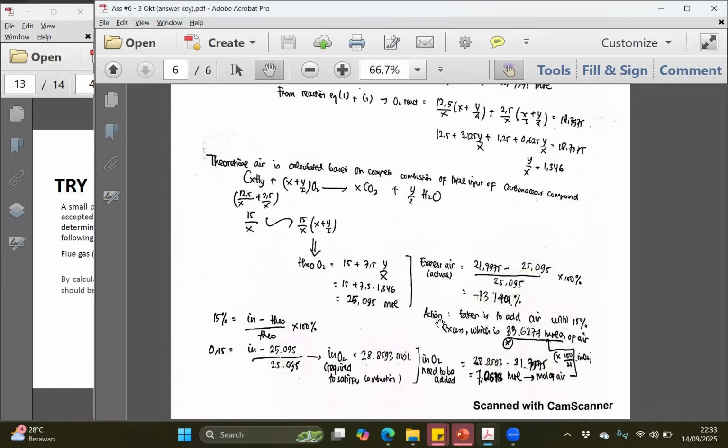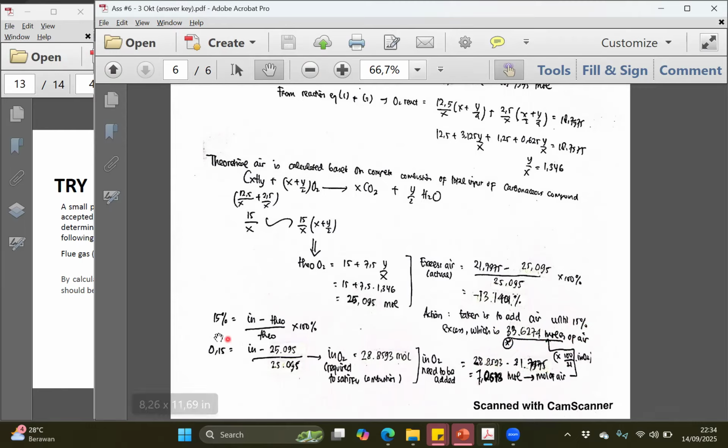So the action that we should take is to add air until 15% excess. We have to add more oxygen to the furnace chamber, which is 33.6274 moles of air. How do we calculate this?